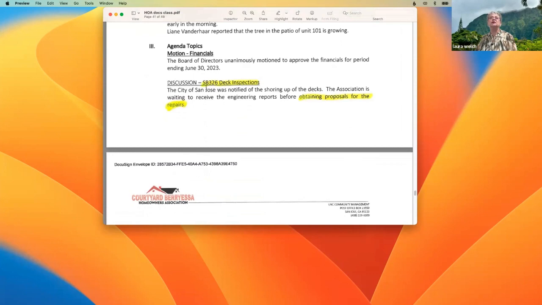Okay, this is a big one for some complexes. If they have decks, remember this one, SB 326. All the decks have to be inspected by January 1st. This is the result of, if you remember, 2 incidents.